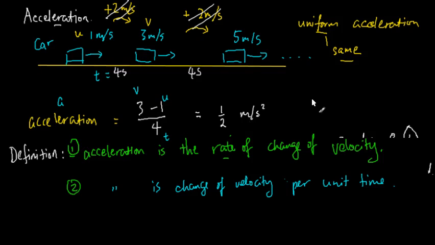So let me write this out here. So A, the acceleration, is equal to V minus U over T. V minus U over T, and there we have our formula for acceleration. So you're going to see this quite a bit if you're doing a course of physics. Okay, so far so good.